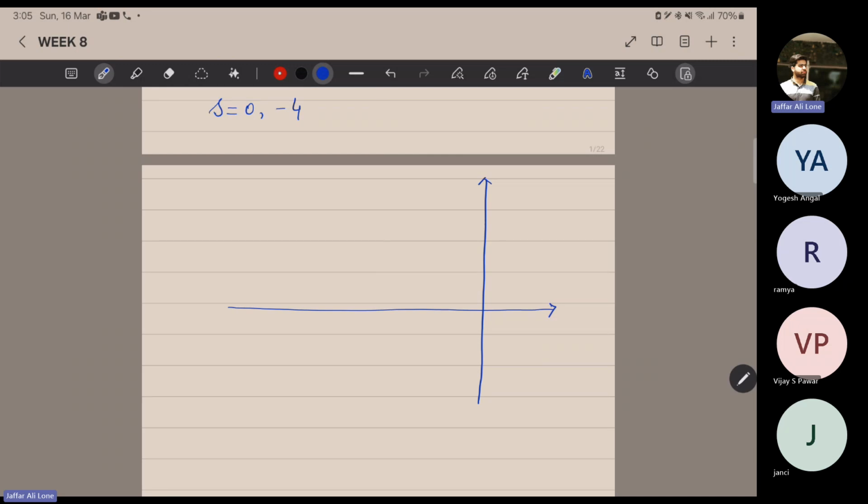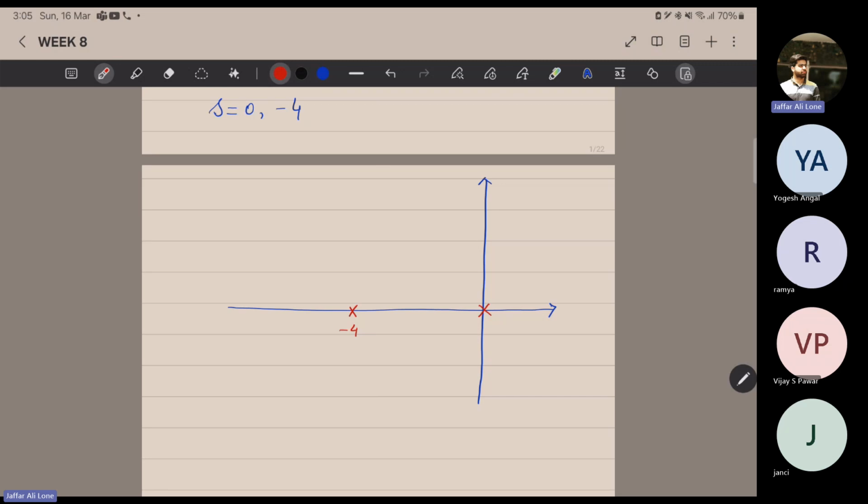So we have one pole at the origin and another pole at minus 4.